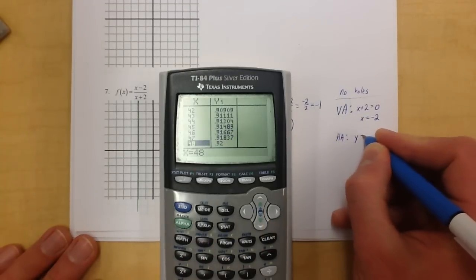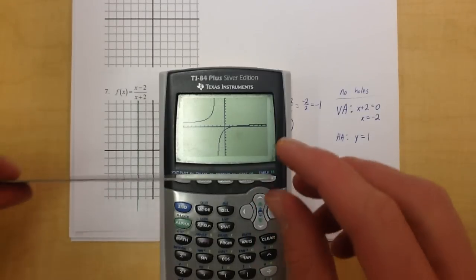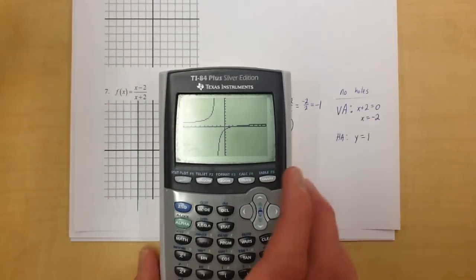So y equals 1. Why is it y equals? Well, if I was to graph it, the horizontal asymptote would go like this, and the equation of this line is y equals something.